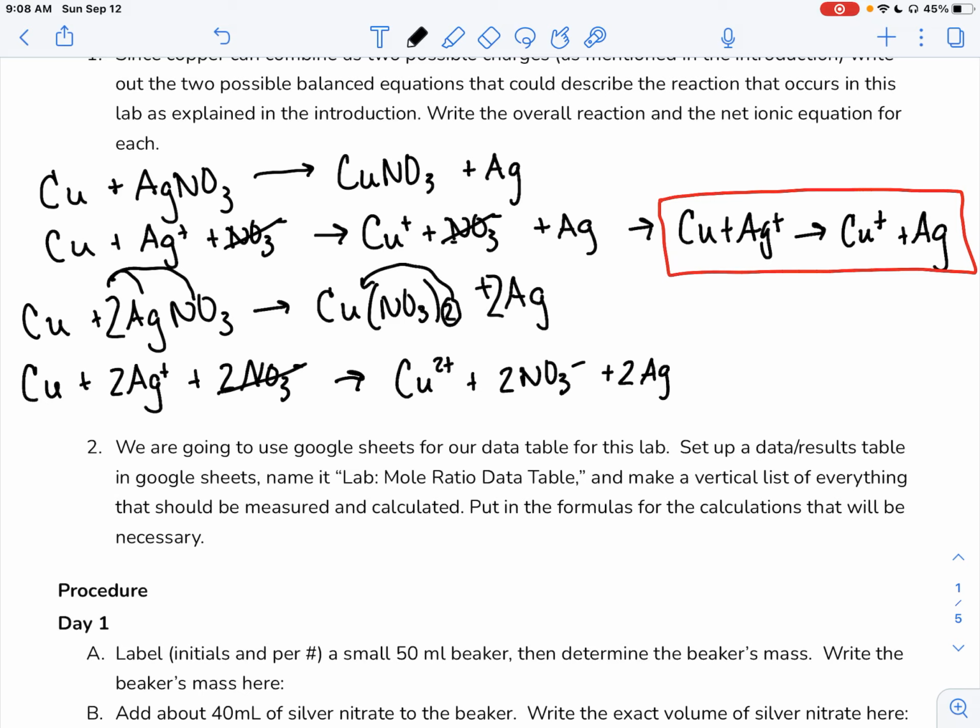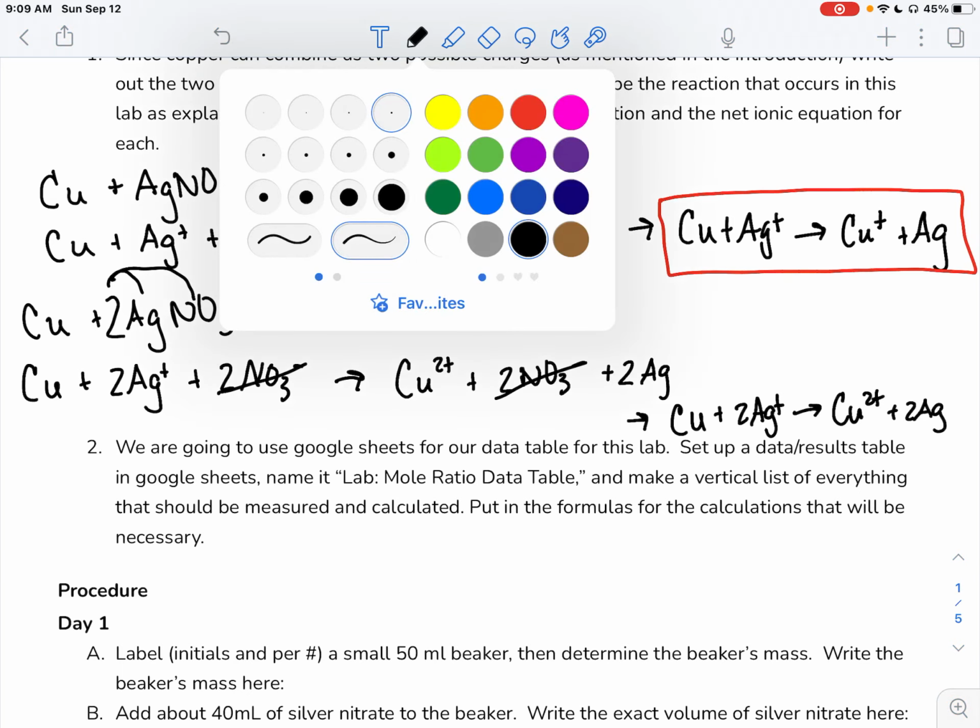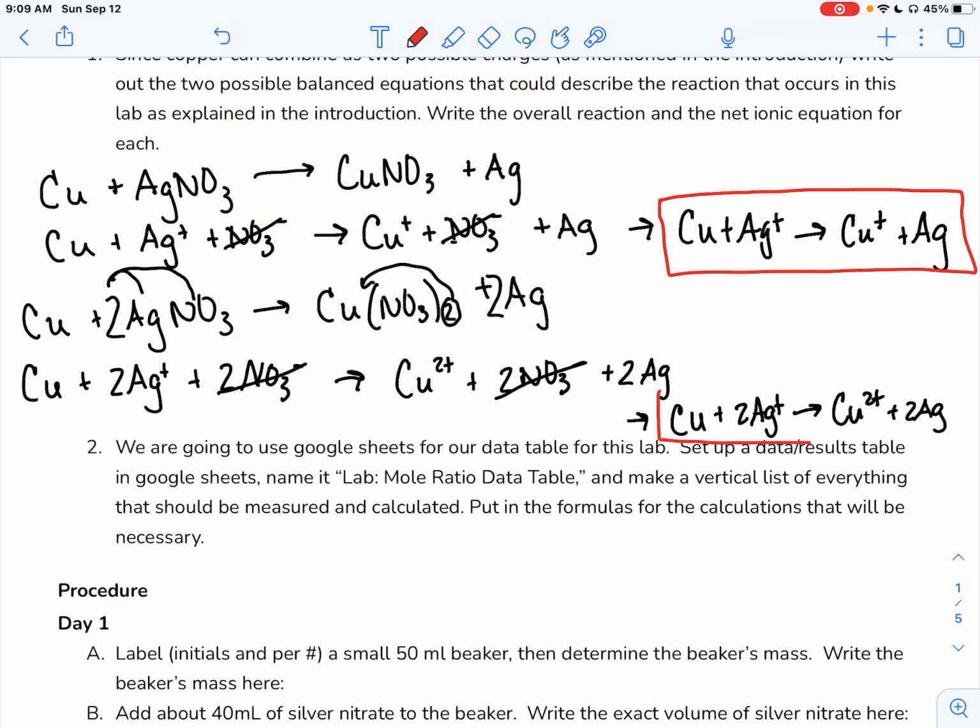Then our two NO3 minuses will cancel, and we'll get Cu plus 2Ag+ gives us Cu2+ plus 2Ag. So that is our second option. Once we figure out all the calculations and the mole ratio, we can decide which of these two actually happens.